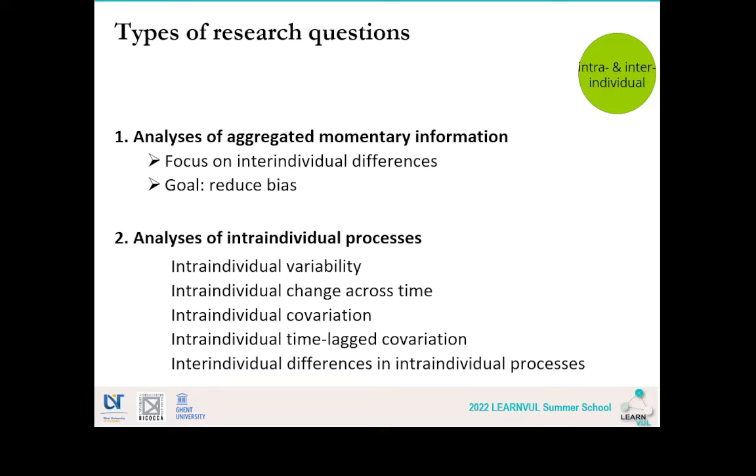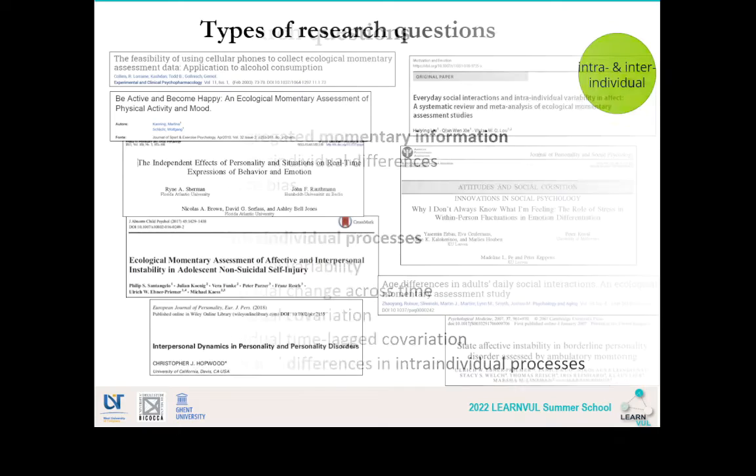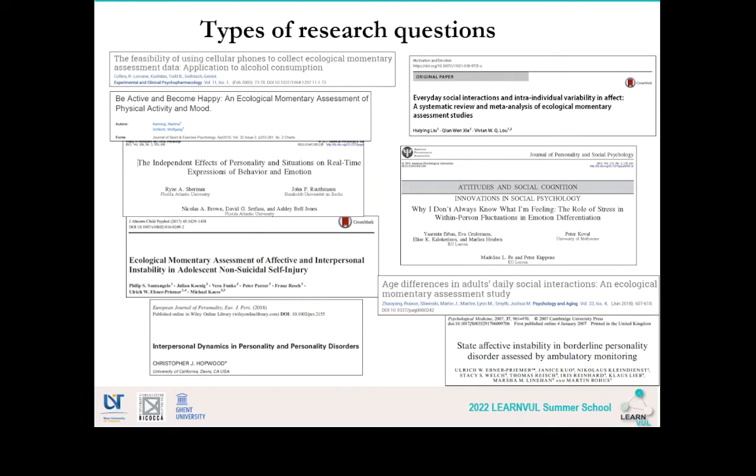For example, my baseline anxiety trait might influence the variability, or if I'm really high in anxiety trait, maybe I will show more inertia than others. So we can cross different levels, inter-individual and intra-individual. These are the types of questions.